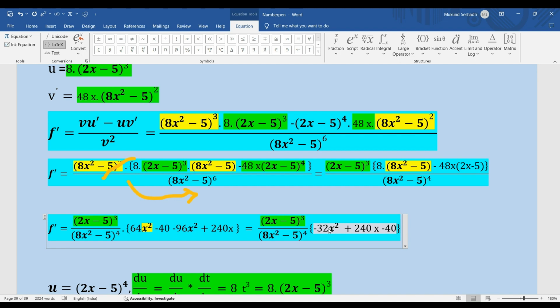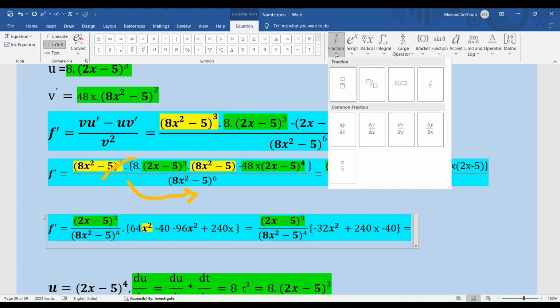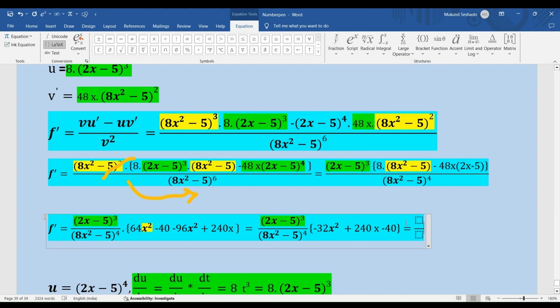Is it possible to do any further simplification? The answer is yes, because I think 32, 240, and 40 have 8 as a common factor, right? So I can pull out my 8 when I represent my final answer. So my final answer is 8 times (2x − 5) the whole cube, right?